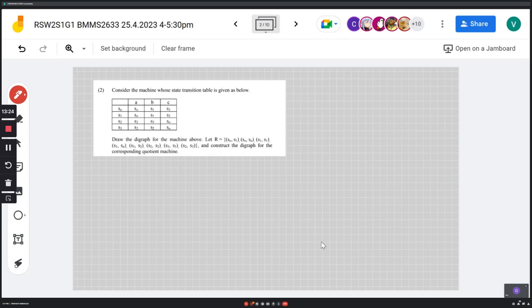Then question number 4, also show the machine congruence, and after that draw the diagram.